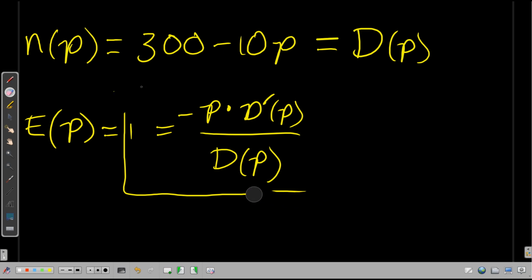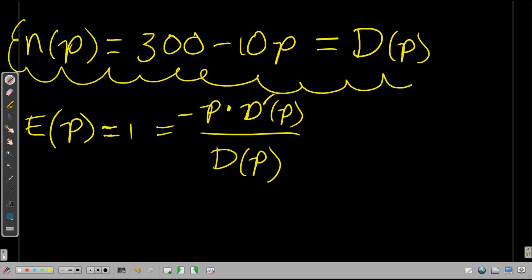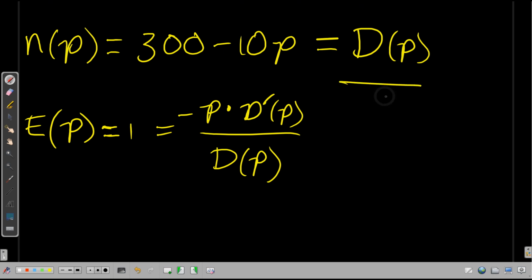And I tried to do that for us when we first looked at elasticity of demand. I gave you the simplest possible derivation of it that I could think of, because this is the number of bikes as a function of price. So it's a demand function.